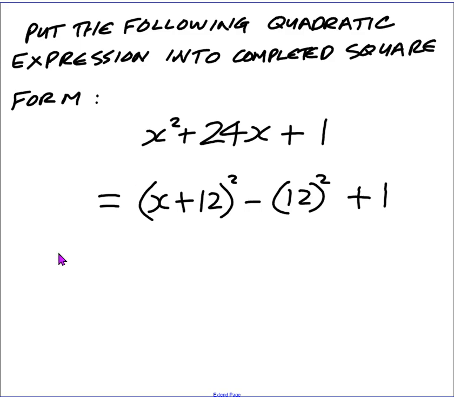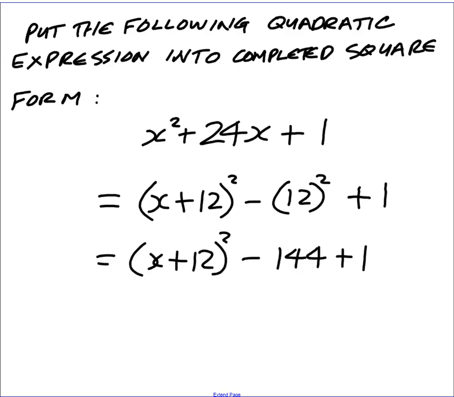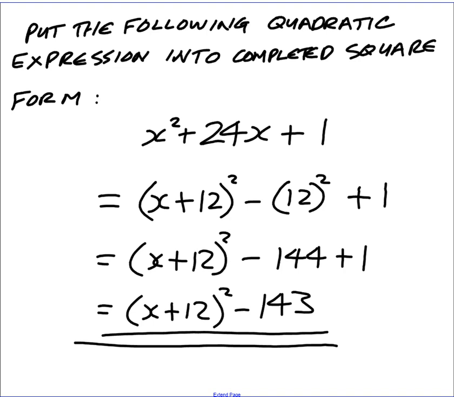Okay, that part's done. We're just going to have to square that 12 there. So the part at the end, negative 144, add 1. Hopefully your calculator, or by other means via your brain, will tell you. Look at that there.